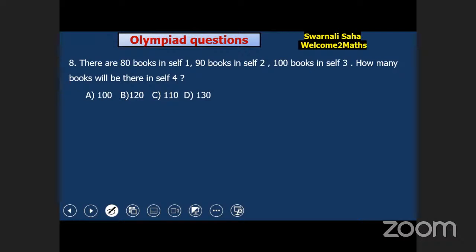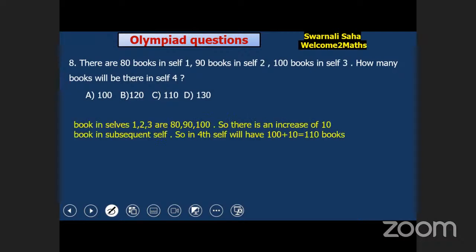So obviously in shelf 4 it would be, yes, 110. Very good, all of you. A big clap. So it would be 110. C is the answer, 110. Very good. We have to add 10. Increase of 10 books every shelf. 110 is the answer. Very good. Chalo, let's move on. Let's solve the next question.